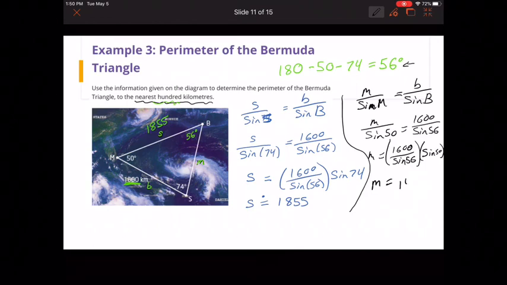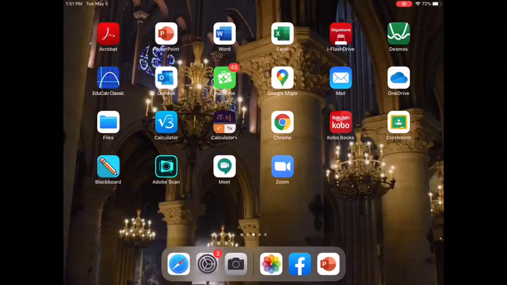And I'm getting 1478 to the nearest kilometer. Now I need to add them up because I want to know the perimeter. And then I'm going to round.